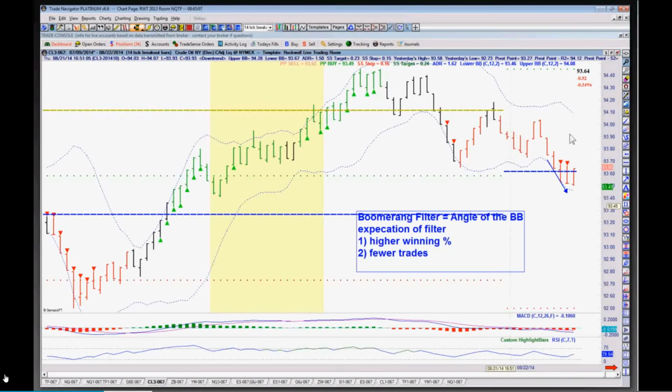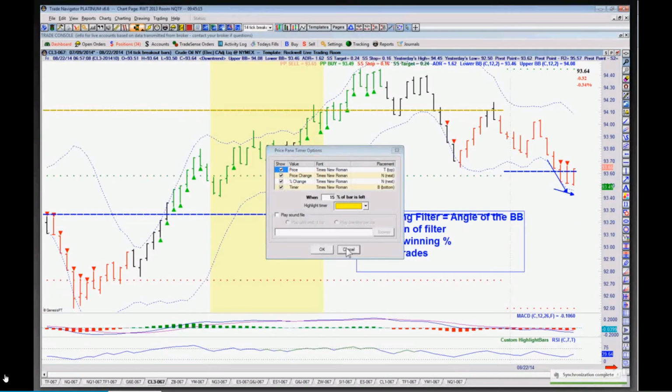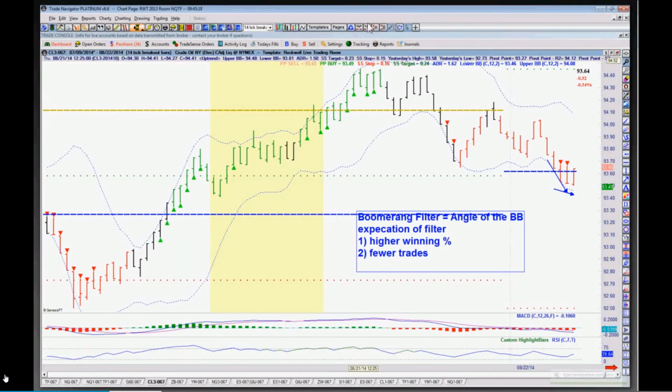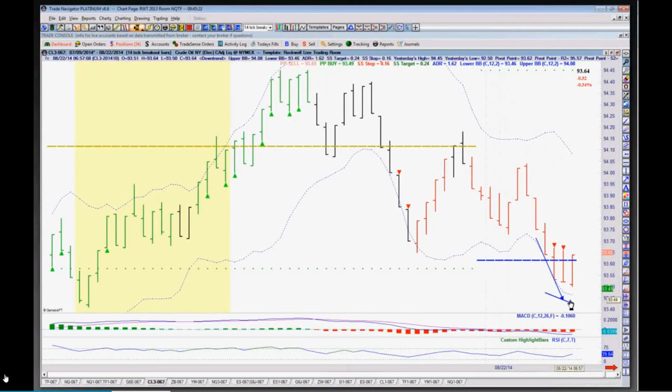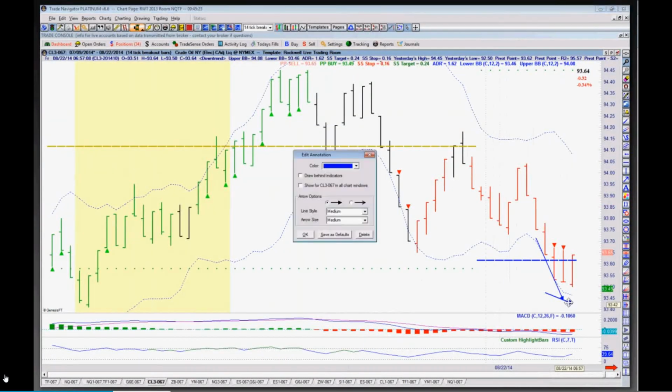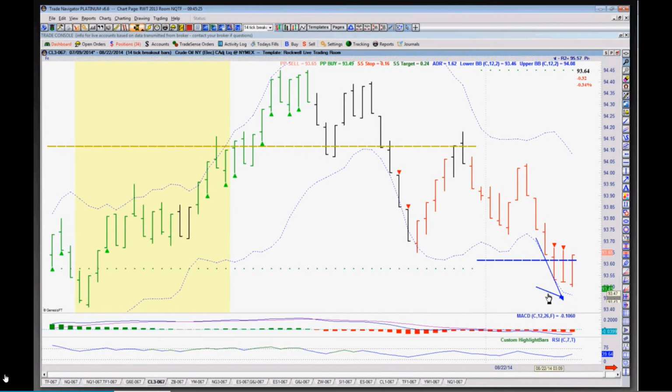But then you'll see that as this retracement takes place, we're pulling away from the lower Bollinger Band, and the slope of the lower Bollinger Band changes significantly, right? It starts to flatten out. So instead of being at a nice 45-degree angle, maybe we're at a 15-degree angle or a 20-degree angle.